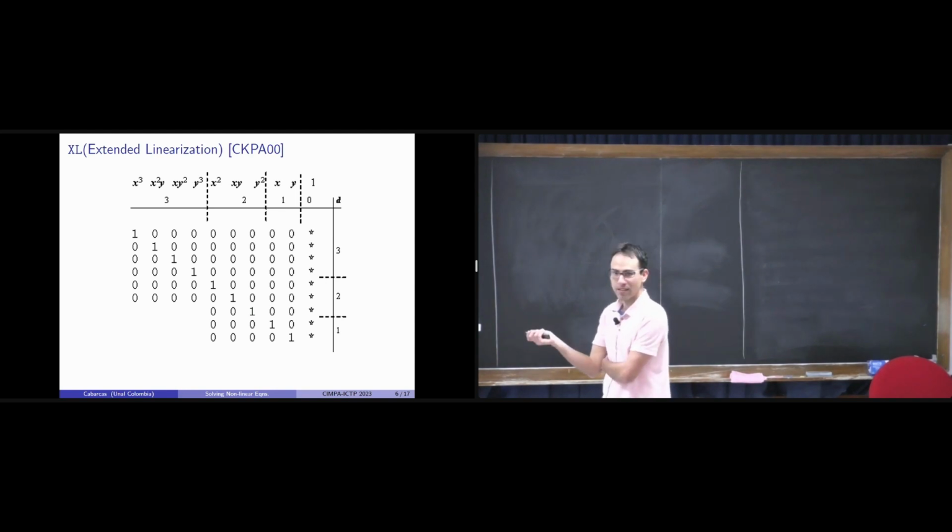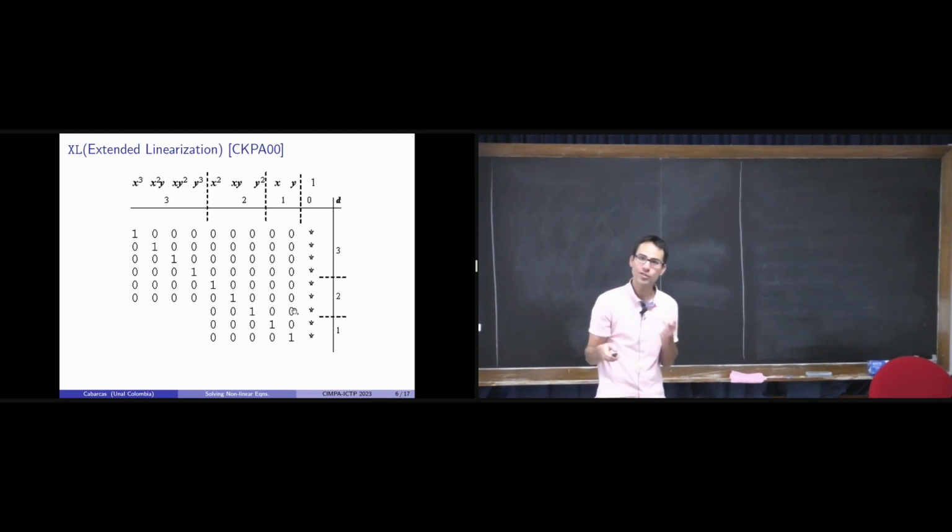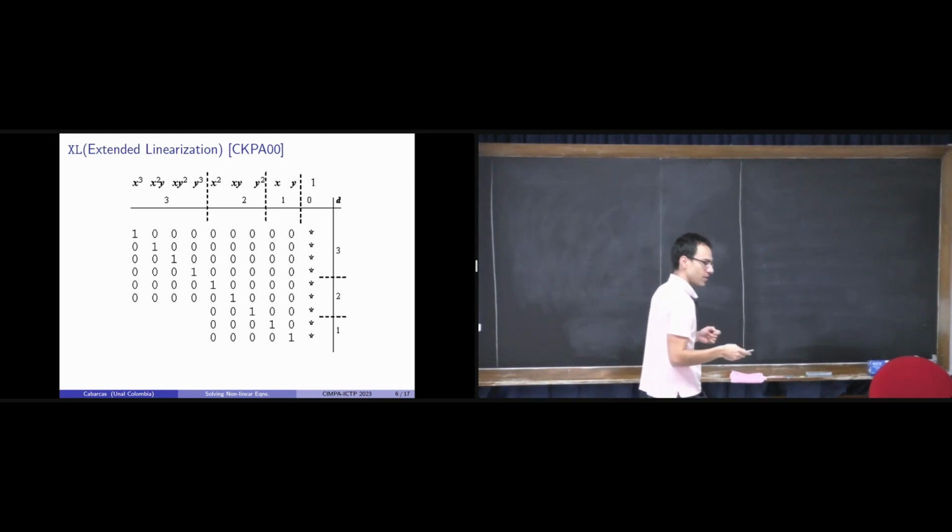And since this is a system in 2 variables, these 2 equations will give you all solutions. Well, they will give you the unique solution. If we get something like this, we found the solution to the system of polynomial equations.